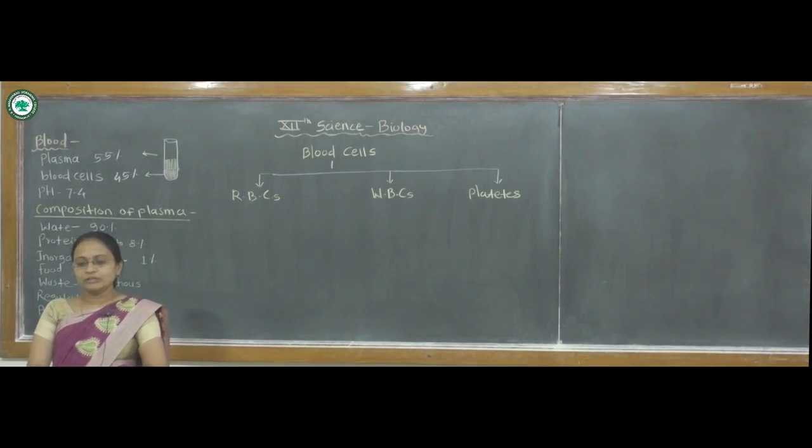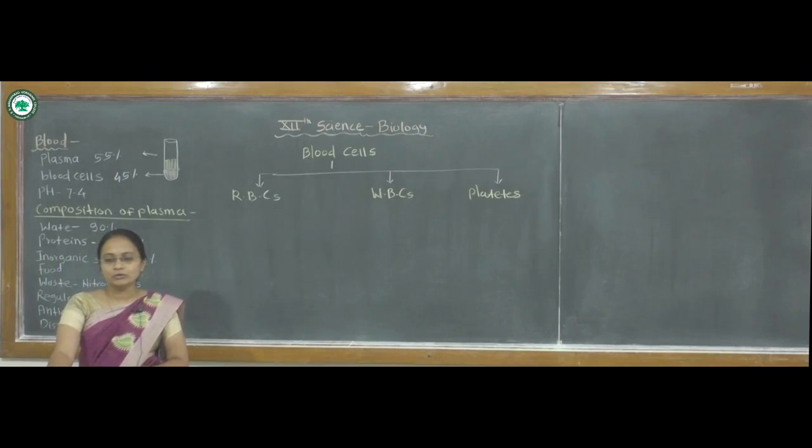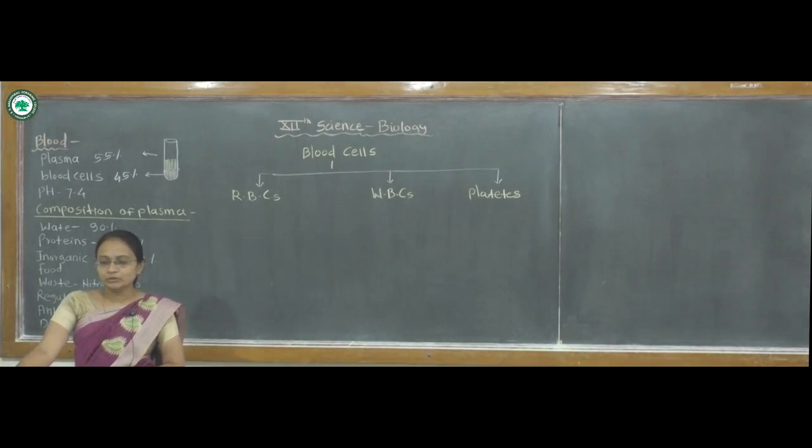The hormone erythropoietin is produced by kidney cells and stimulates the bone marrow for the production of RBCs. The mature erythrocyte is devoid of a nucleus, mitochondria and other membrane-bound cell organelles.